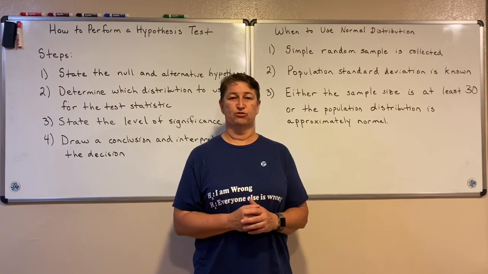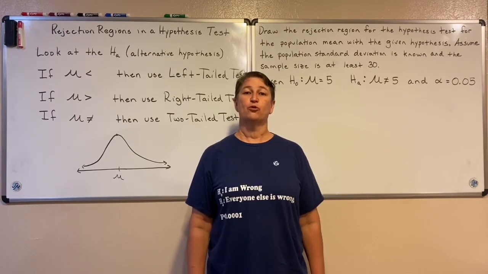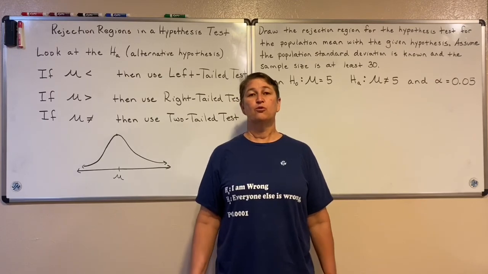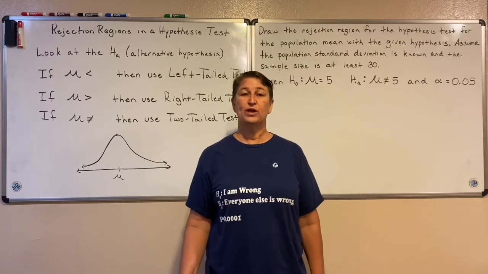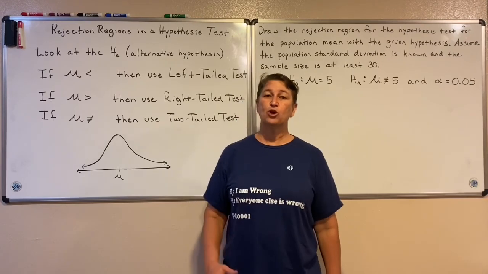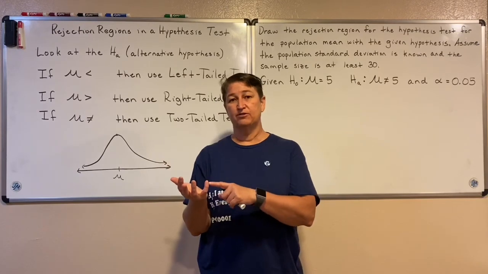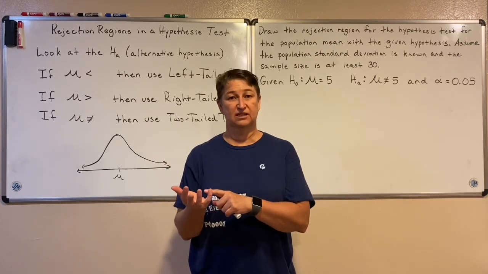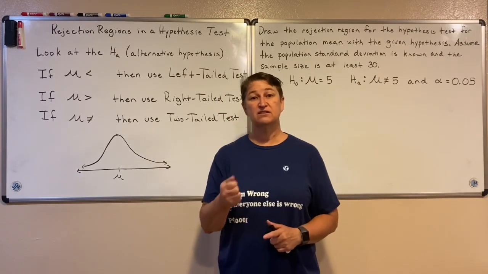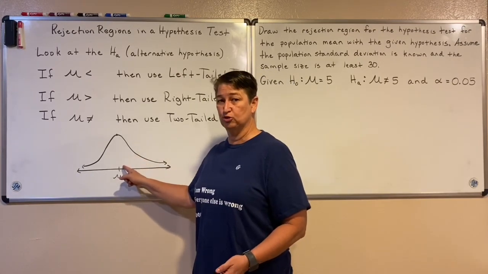Let's look at the rejection region that we're going to use when we're performing a hypothesis test. Remember, in a hypothesis test, we have a hypothesis about a population parameter. And we go out and we collect a sample of data, and from that sample of data, we find a statistic. And we know that that statistic is part of a sampling distribution.